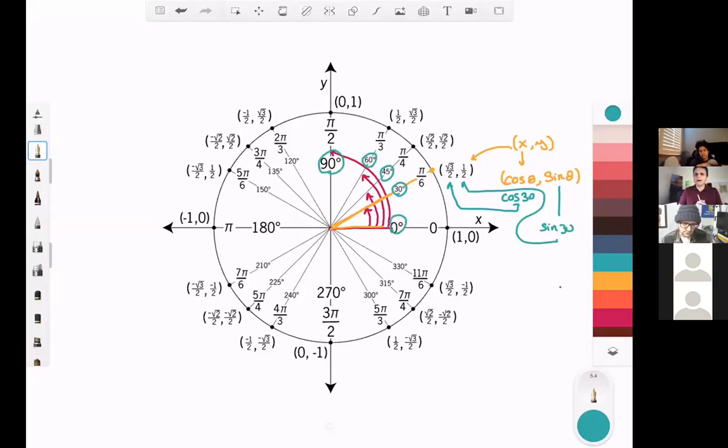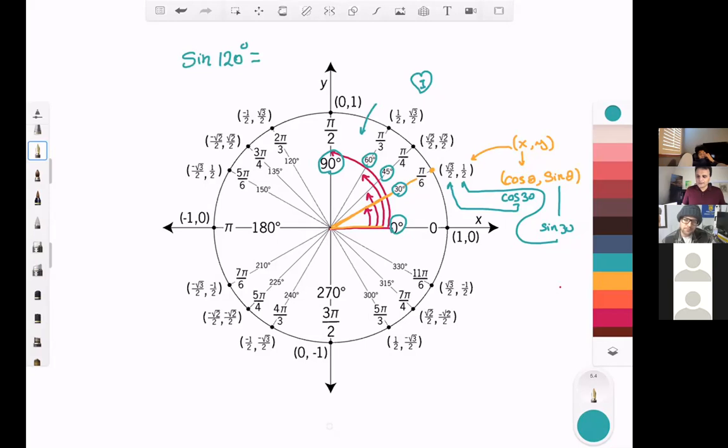We don't want to rely on this unit circle all the time. If you learn quadrant 1 very well, which this is quadrant 1, correct? Then quadrants 2, 3, 4 will all have x and y values similar to quadrant 1. For example, sine of 120 degrees, we don't need to memorize this.